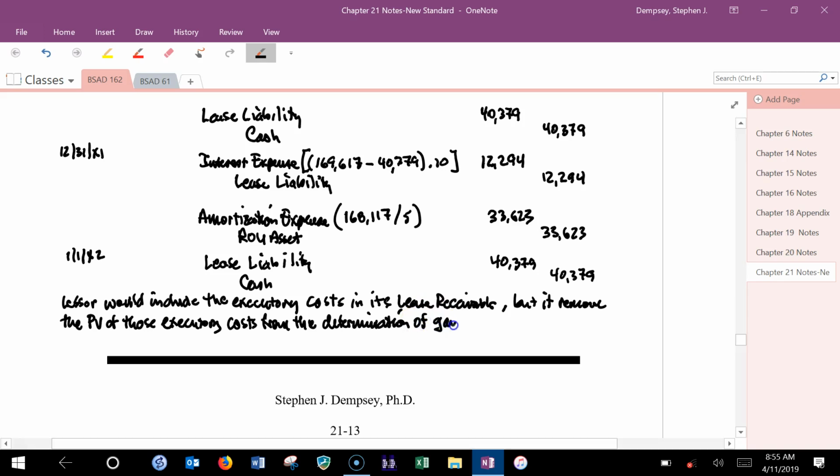I'm going to say in general gain, there could be a loss, but we don't have that in this problem certainly. But it would remove that from the determination of the gain or loss and instead treat it as a performance obligation under the revenue recognition rules.